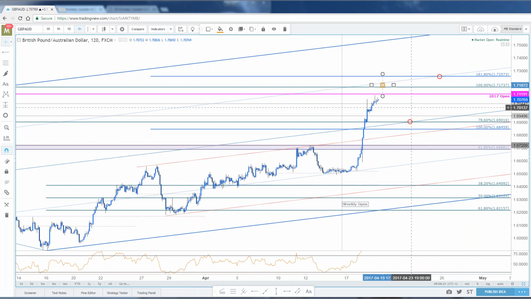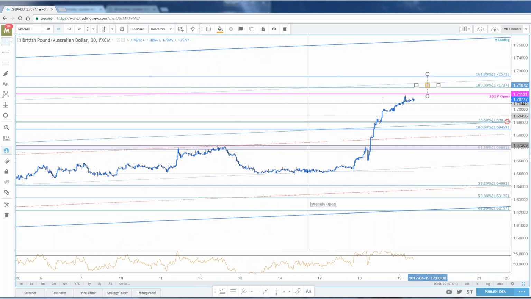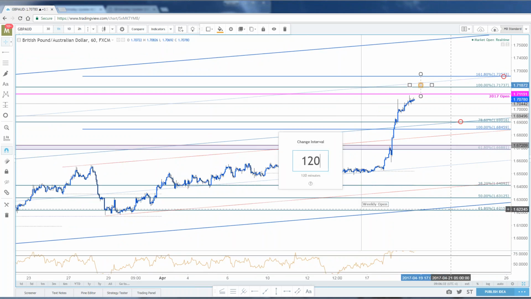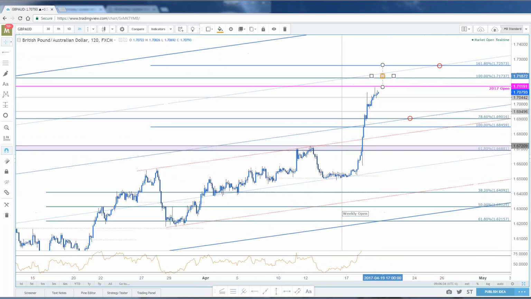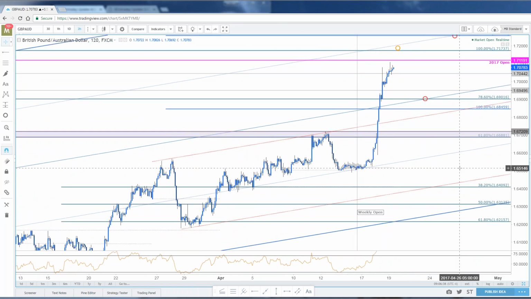Yeah, I'd leave that there. It's been a decent pivot. So stick with these levels, guys, for Sterling Aussie. Still pretty clean. No change.